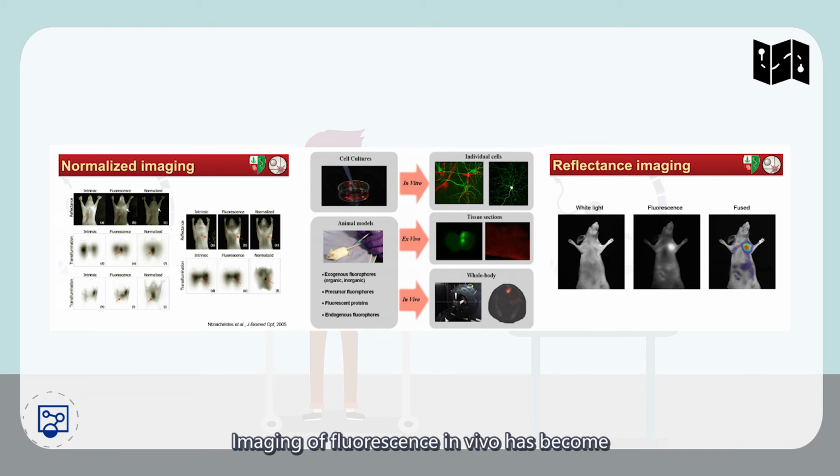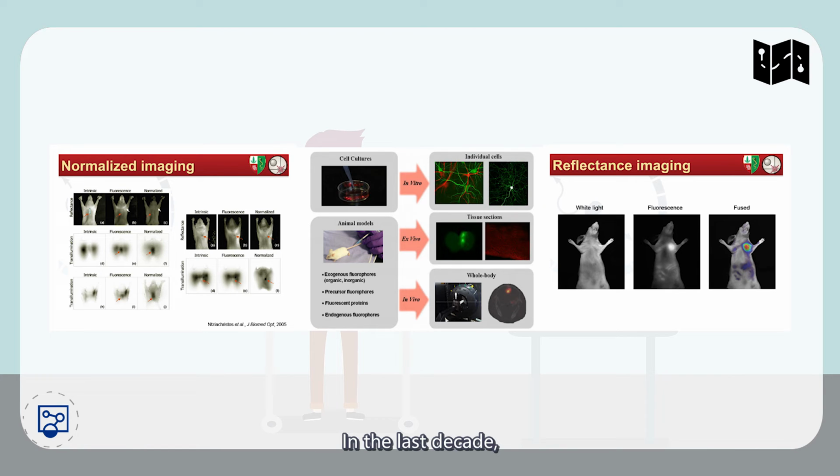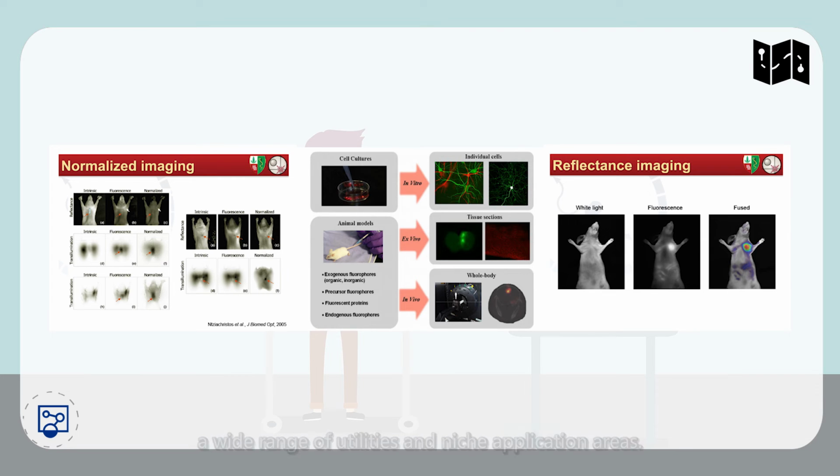Imaging of fluorescence in vivo has become the most commonly used radiological tool in all preclinical work. In the last decade, full-body preclinical imaging systems have emerged with a wide range of utilities and niche application areas.